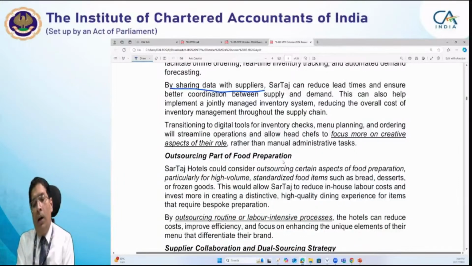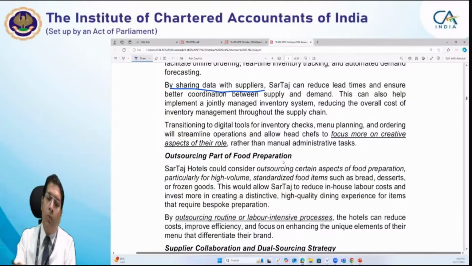As I told you earlier, outsourcing part of food preparation, but which part you can outsource? Standardized, standard type of product you can outsource, or cheap quality products you can outsource to local vendor, or routine type of task to outsource, because you may get operational efficiency.